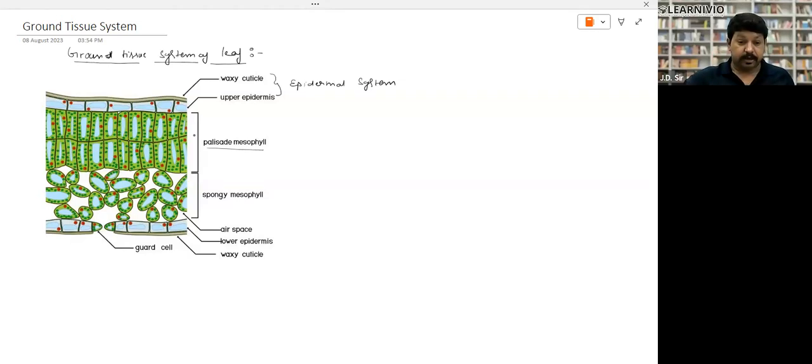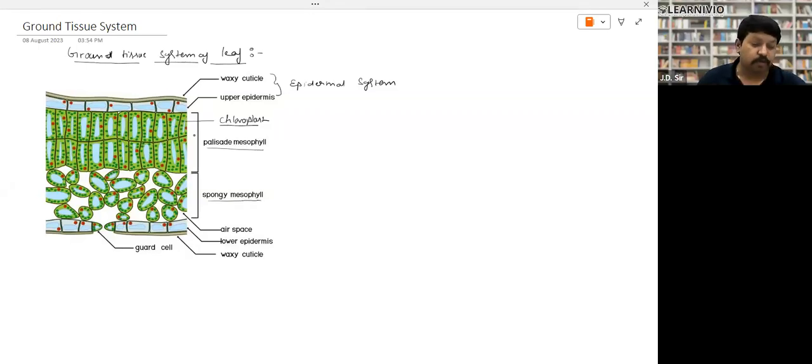Palisade mesophyll is basically the upper part of the leaf. These cells are compactly arranged. You can see these green dots are the chloroplasts. And there is the spongy mesophyll.